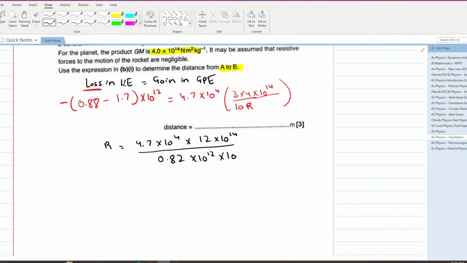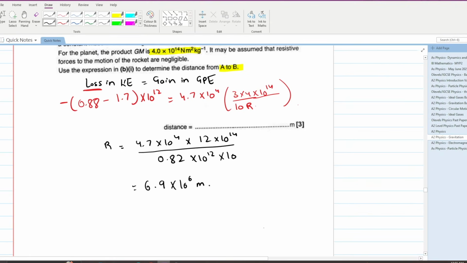What does the answer come out to be? 6.9 into 10 raised to the power 6. Radius ka answer comes out to be 6.9 into 10 raised to the power 6 meters.